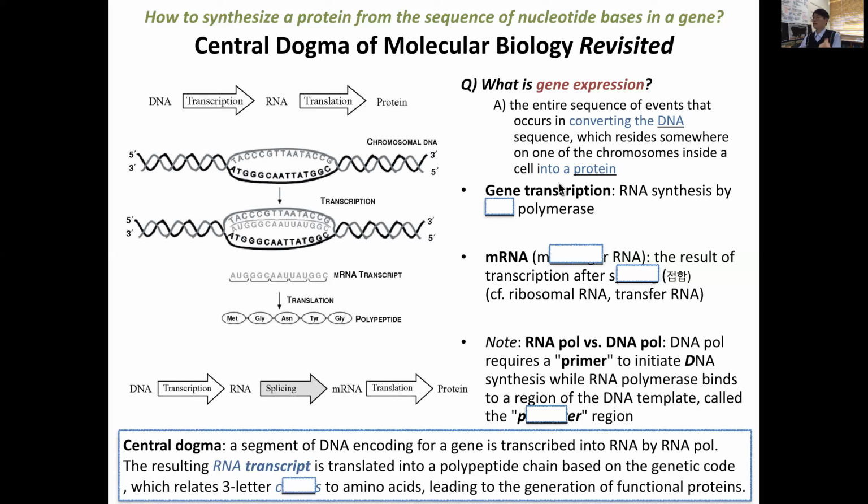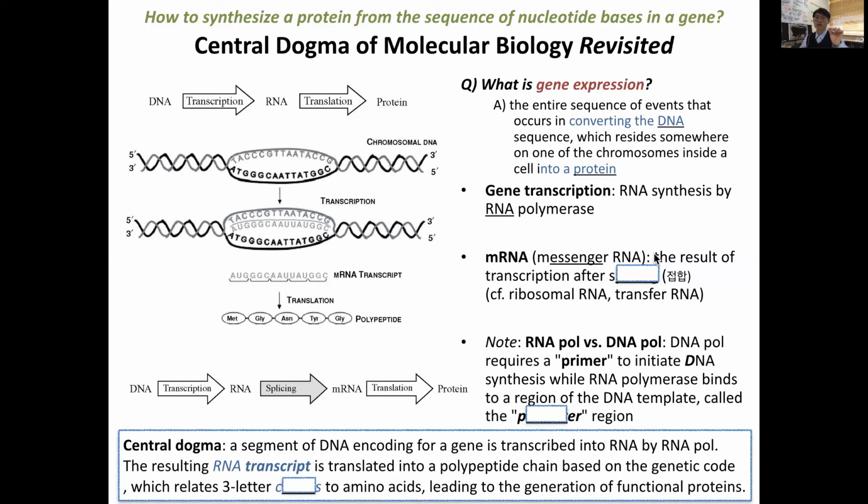So gene transcription is RNA synthesis, making RNA, so there is going to be a polymerase, which is RNA polymerase. And mRNA is the RNA after processing, so it contains a message. So we call it messenger RNA.